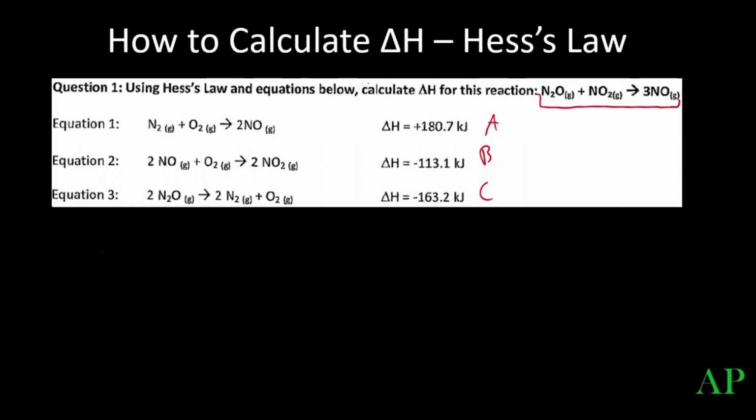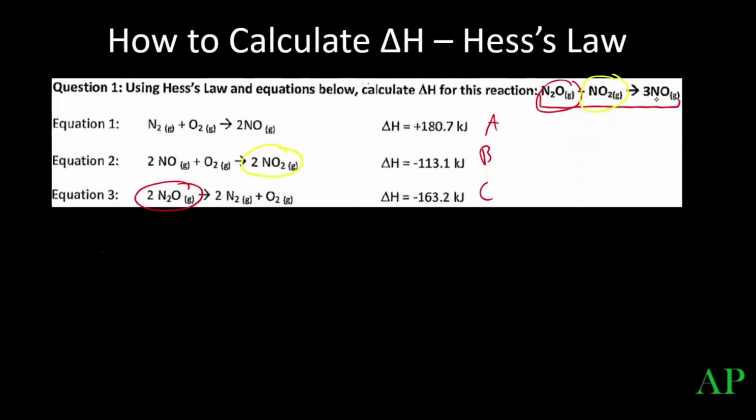What can we do using these equations to get over here? Let's identify the three molecules. N2O, where does that show up on the left-hand side? So N2O will show up right here and only right there. Perfect. NO2, the other reactant, will show up only right here.